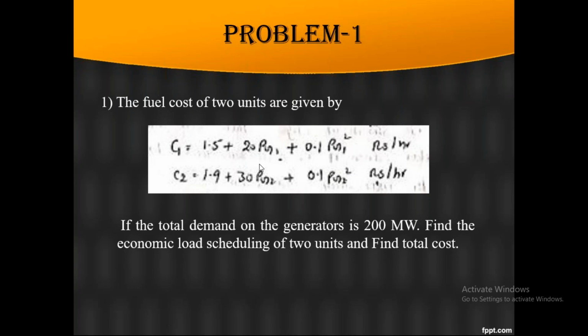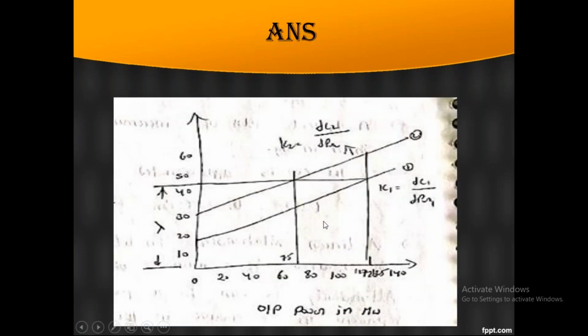See, after finding these two values, we have to draw the graph like this. So I will show you the graph. This is the graph we have to draw after finding the Pg1 and Pg2. Here you are taking the incremental cost, that is lambda, and you are taking the x-axis as power output.